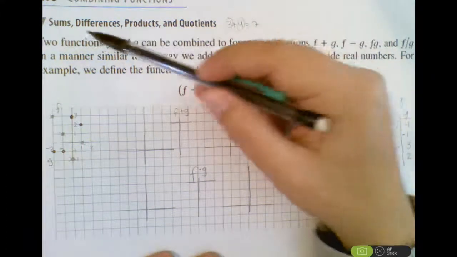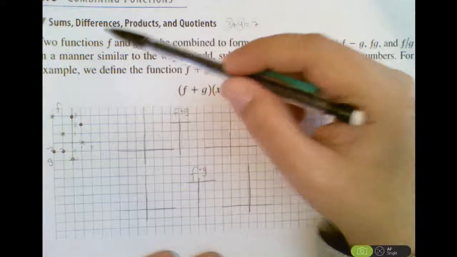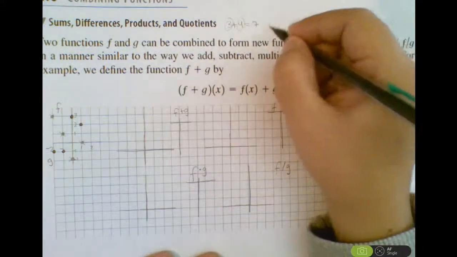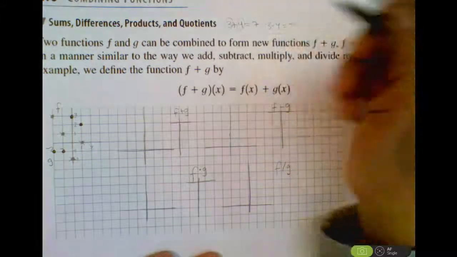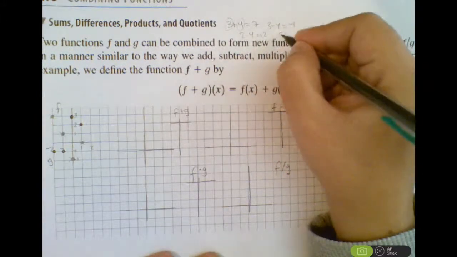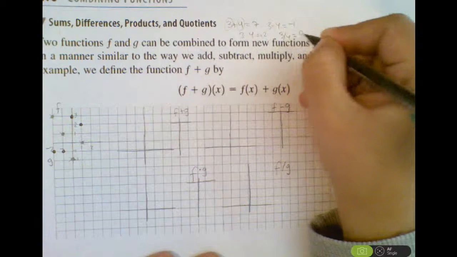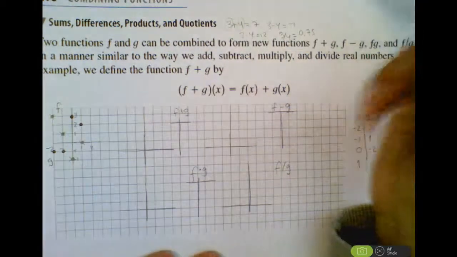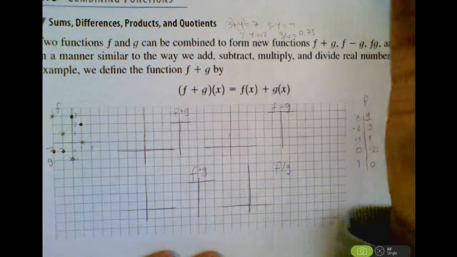The same applies for different operations: differences, products, and quotients. I can add, I can subtract two numbers and get another number. I can multiply two numbers and get another number, and I can divide numbers and get another number. So the same is going to happen with functions, but the result will be a different function.